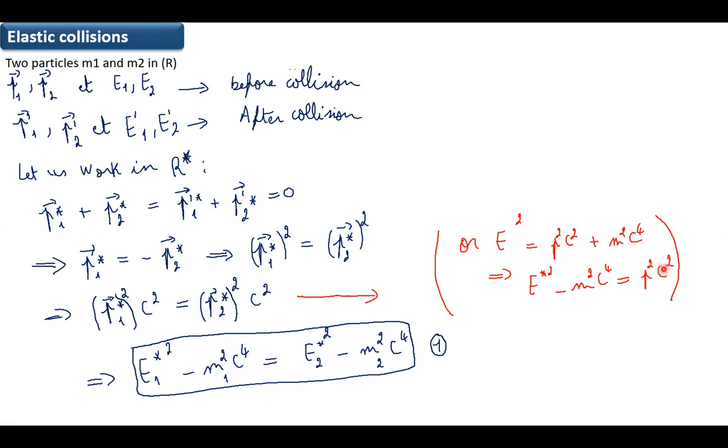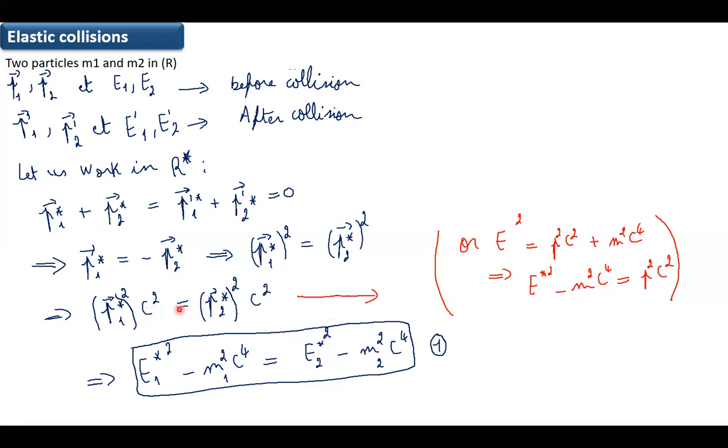So P squared C squared should be equal to E squared minus M squared C4. So P star squared C squared should also be equal to E star squared minus M squared C4.